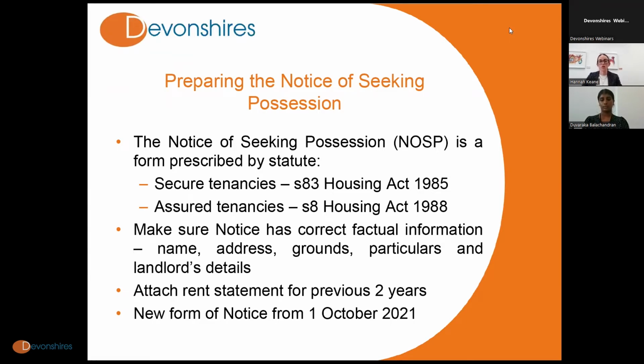For example, if you've offered to help them apply for benefits, but they haven't engaged, if they are entitled to them, or if you have agreed a payment plan, but unfortunately that has lapsed and the tenant hasn't been able to stick to it, then it's certainly worth including all these reasons. And then finally, obviously, your details. And do ensure that a rent statement from the previous 2 years is attached to the NOSP.